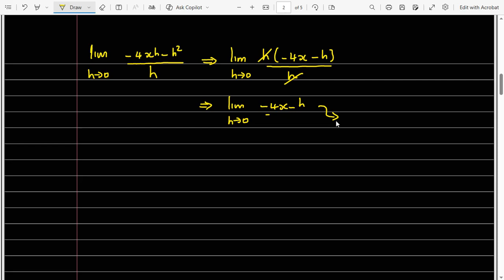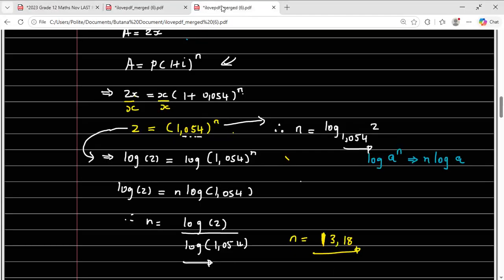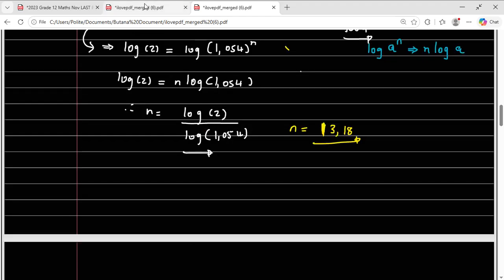When you sub in 0, you drop the limit, then this will be minus 4x minus 0. Therefore, the answer is negative 4x, the one that I told you about. So this is the derivative using first principles. I hope you still remember that part, and I hope you are happy with that. So let me move to the next one.